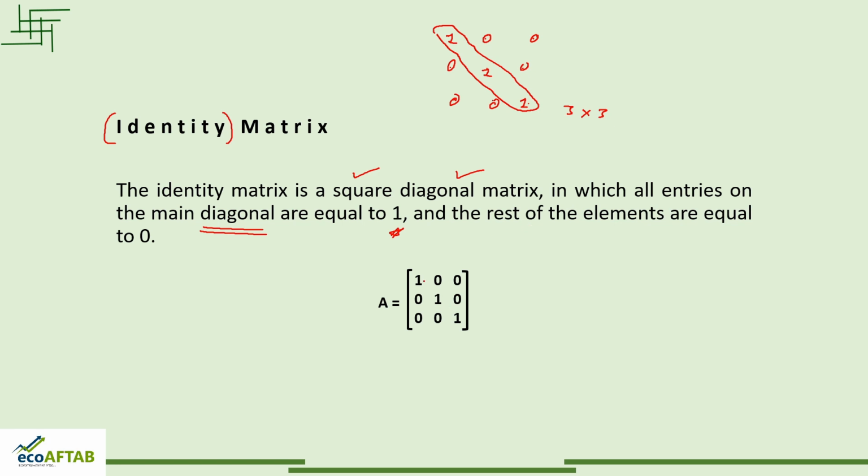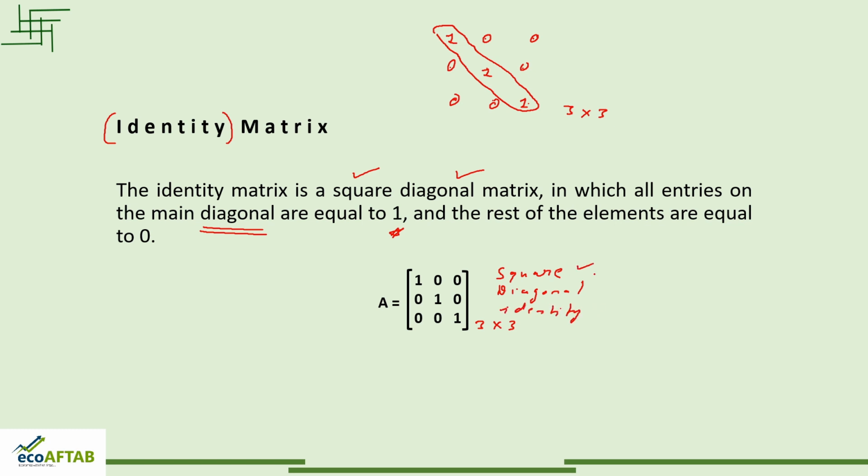So here you can see in the diagonal we are having 1 and all other elements are 0. So this is a 3 by 3 matrix. As other elements are 0 and only the diagonal is having value, it is a square matrix because it is 3 by 3. Because only the diagonal has a value, it is a diagonal matrix, and because that diagonal value is 1, it is also an identity matrix.